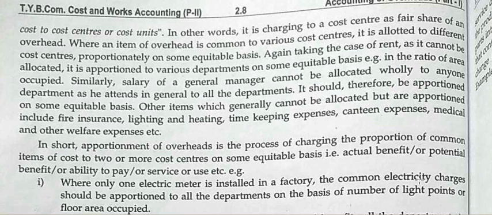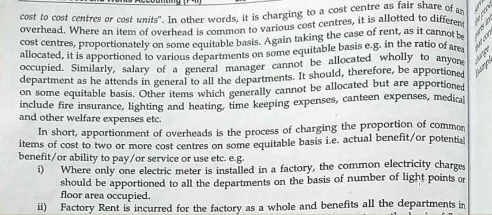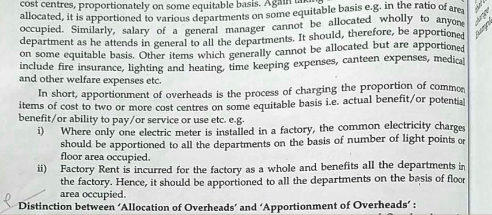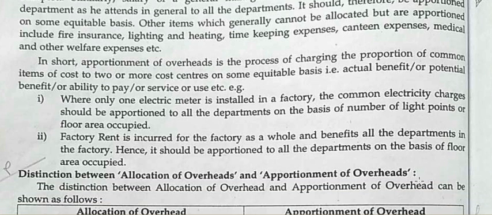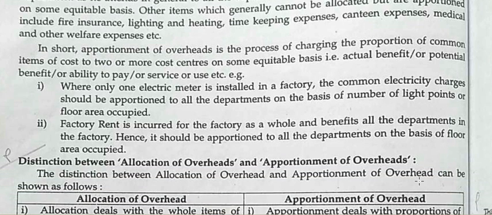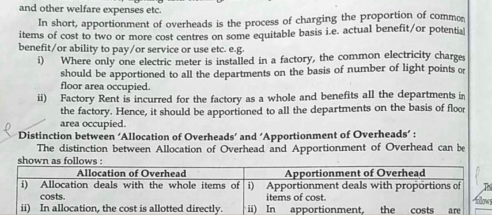Fire insurance, lighting, heating, timekeeping, canteen expenses and all other welfare expenses are also to be apportioned. In short, apportionment of overhead is a process of charging the proportion of a common item of cost to two or more cost centers on some equitable basis.